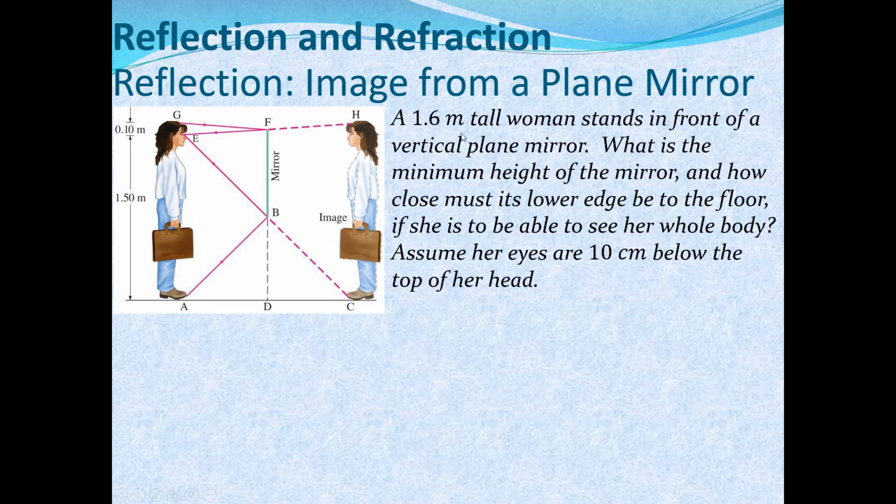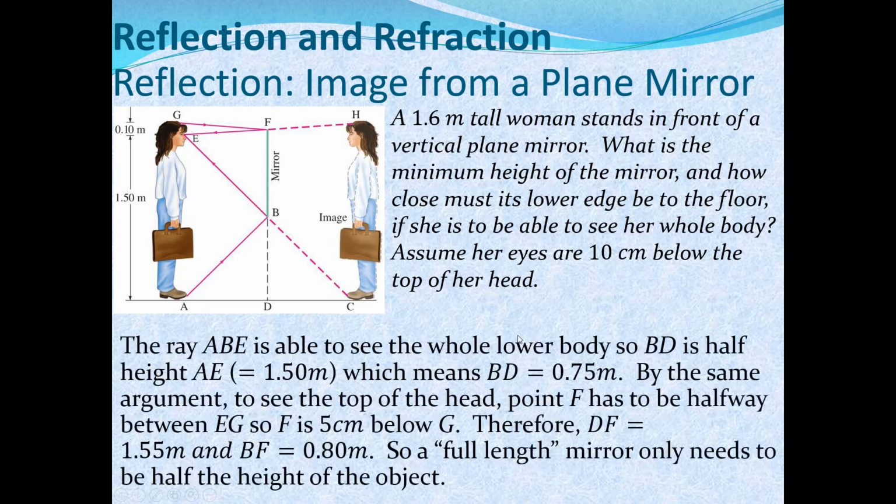If she's 1.6 meters tall, it would have to be half of that. And the height above the floor would have to be half the distance between her eyes and her foot, so half of 1.5. So the full length mirror only needs to be half of her height, and it needs to be placed 0.75 meters above the floor.